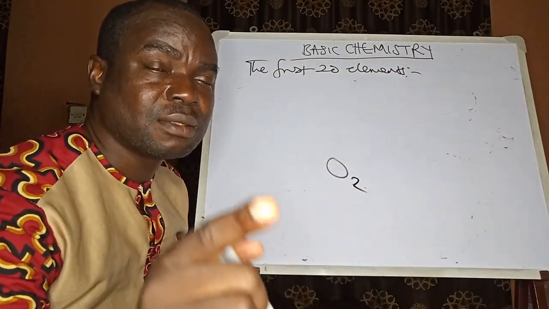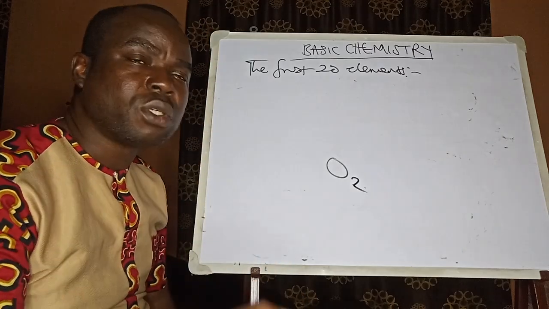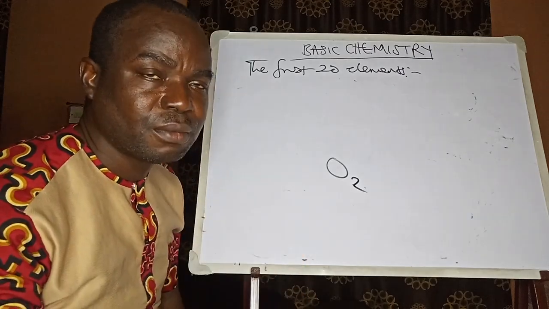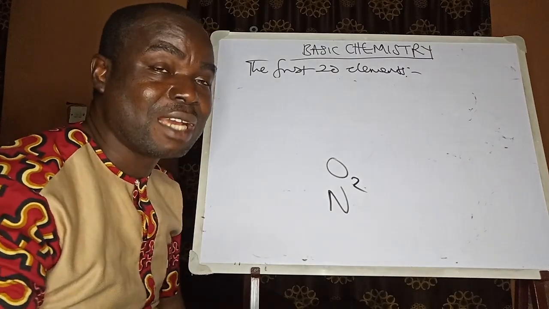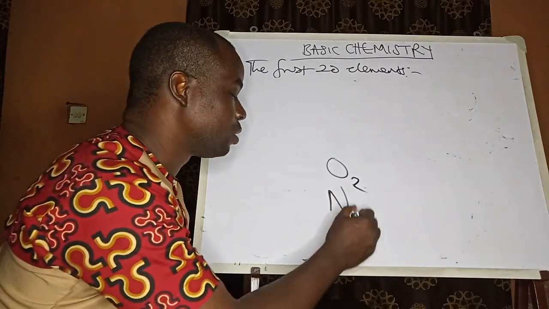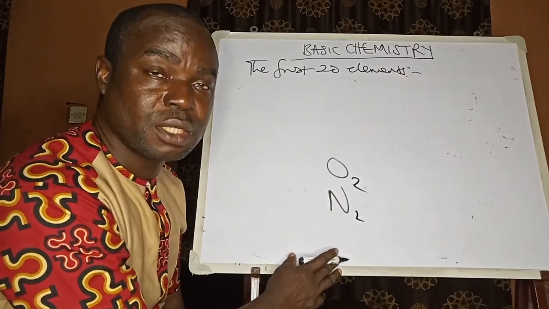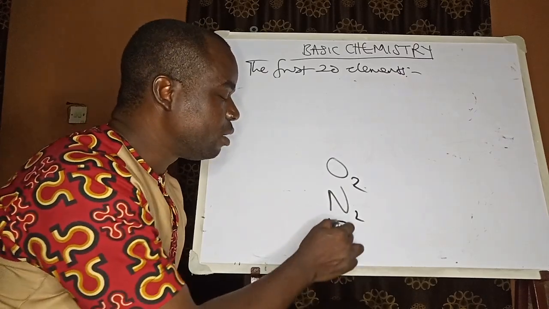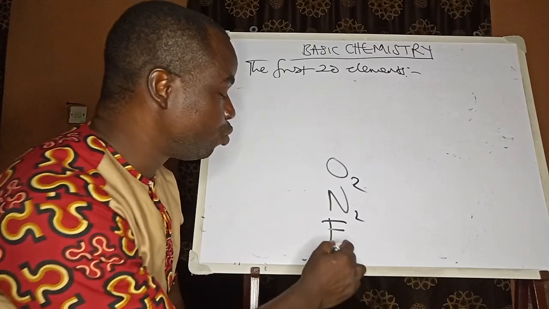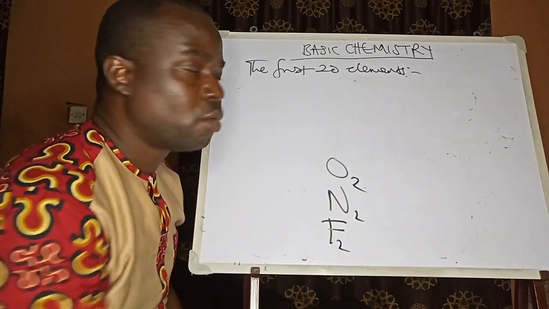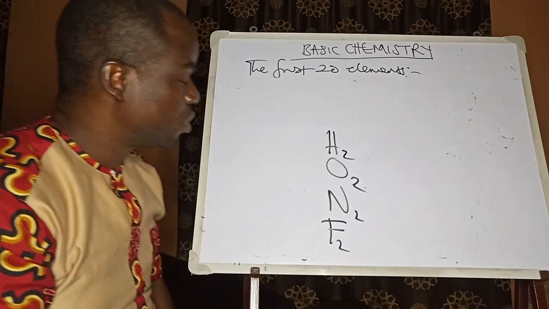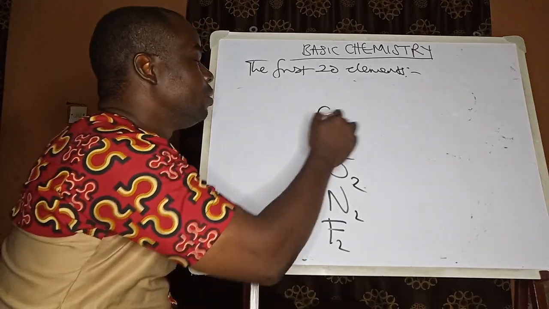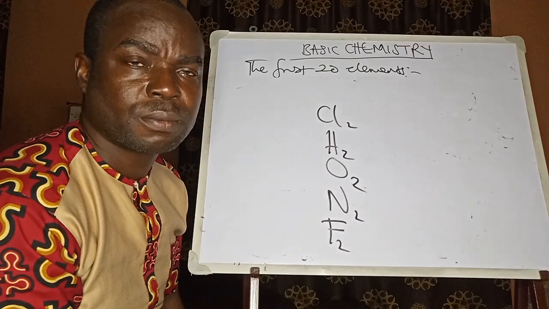The reason is that it is diatomic because it ends with what? 'In'. Nitrogen is N, but because it ends with 'in', you put 2 on it. These are the symbols. Are you following? Fluorine ends with 'in', so you put 2 here. Hydrogen ends with 'in', you put 2. Chlorine ends with 'in', you put 2.